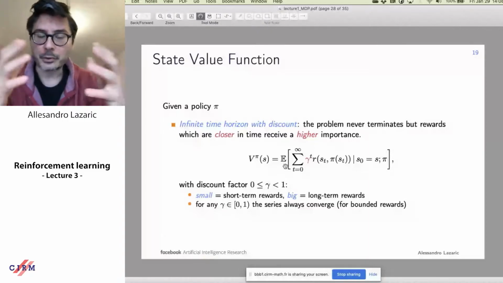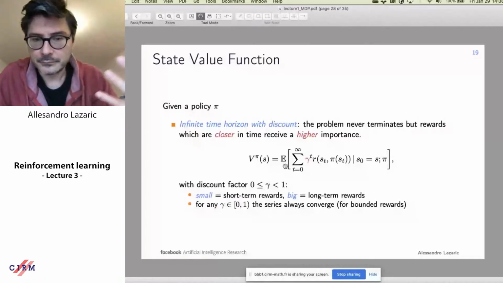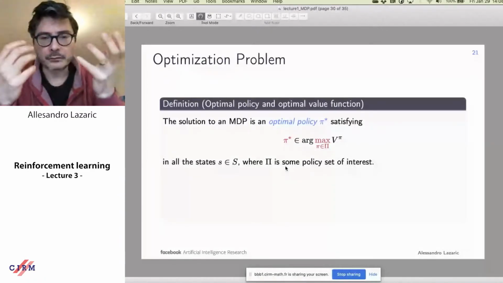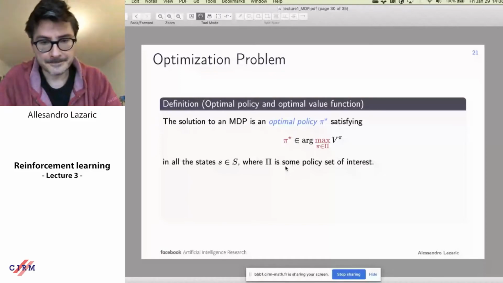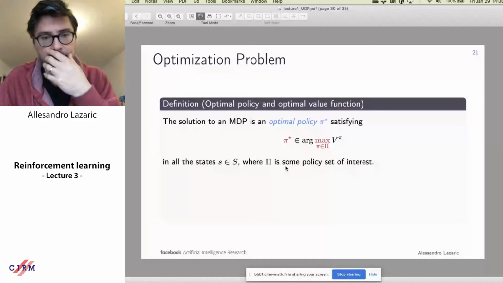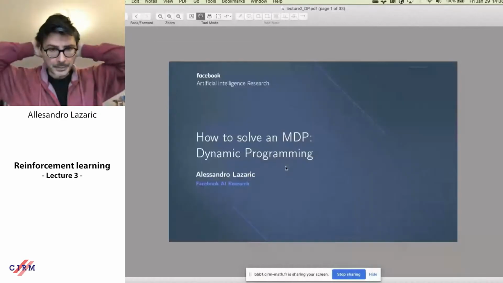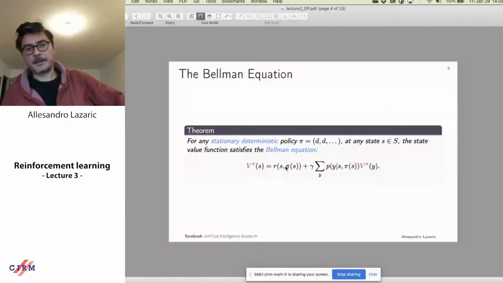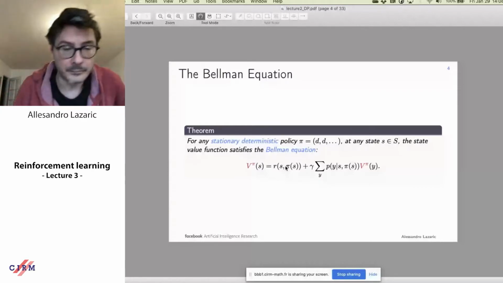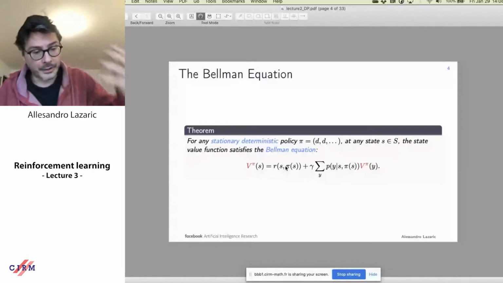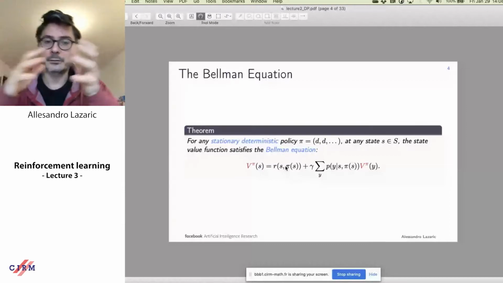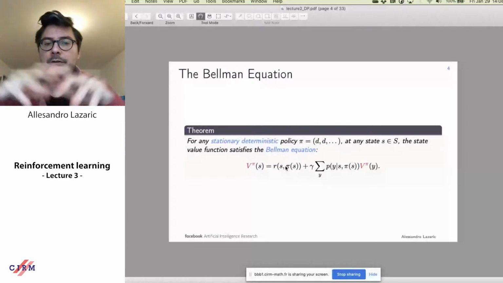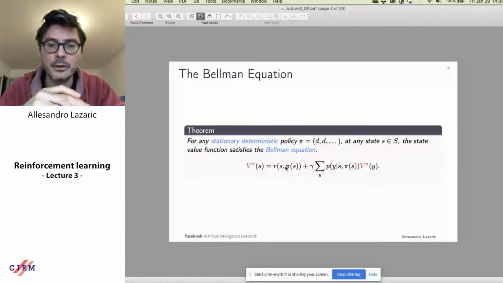This was very important to set up the objective of what is the optimal policy. But as we said, it's also a very complicated object. And fortunately for us, there are Bellman equations coming to the rescue, in the sense that this infinite sum of discounted rewards on average can actually be expressed in a much more compact way through this set of equations, which give rise to a linear system of equations.